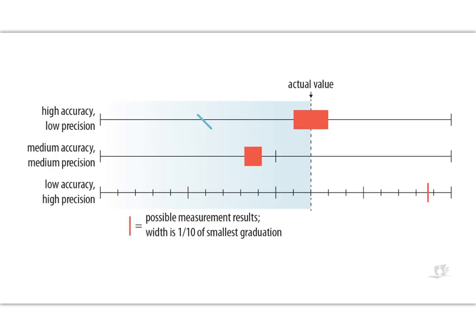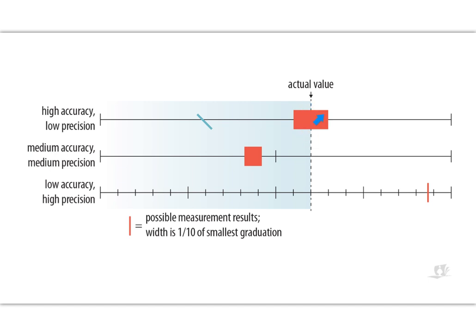Sometimes we like to confuse accuracy and precision. If this is the actual value, we are highly accurate. We are very close to being correct about that value, but it is low precision because we have a broad range. You can see that our measuring tool gave us a pretty broad range, even though it's pretty accurate.